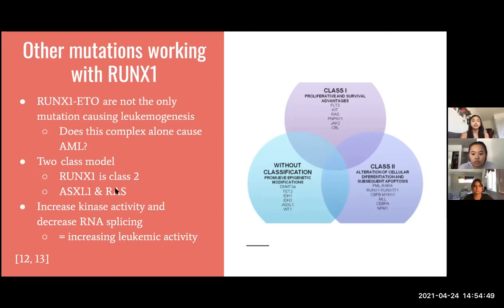In younger patients, we see RUNX1 co-occurring with RAS. RAS is a class 1 mutation, and together ASXL1 and RAS are accountable for abnormal cell proliferation, and we see an increase in kinase activity and decrease in RNA splicing, which leads to the increase of leukemic activity when there are both class 1 and class 2 mutations together.